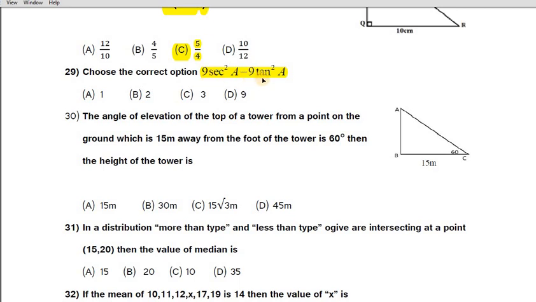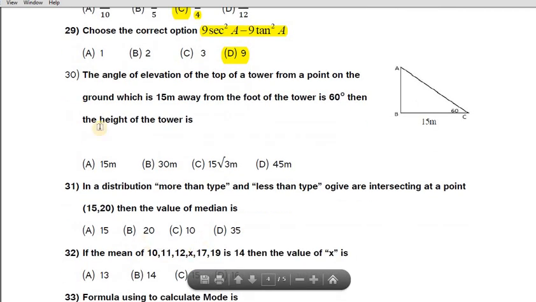To find this value, we have one trigonometric identity, that is 1 plus tan square A equals sec square A. Now tan square A, you just transfer to the right side, we get sec square A minus tan square A. It means the equation will be 1 is equal to sec square A minus tan square A. Now both sides multiply 9. So in that case, we will get 9 is equal to 9 sec square A minus 9 tan square A. So therefore the correct option here is D.